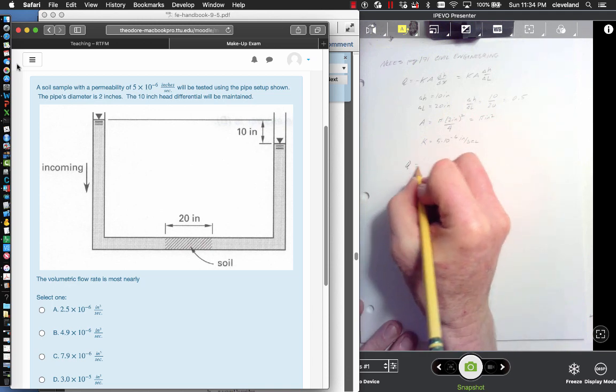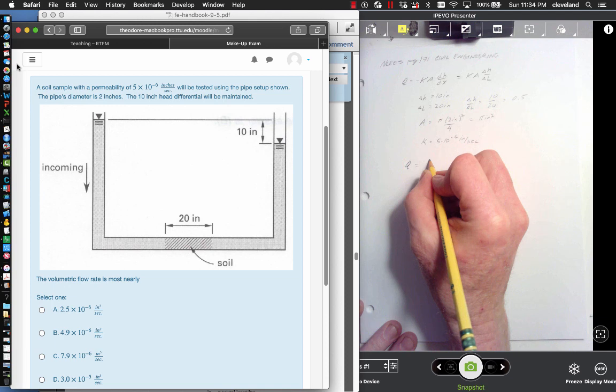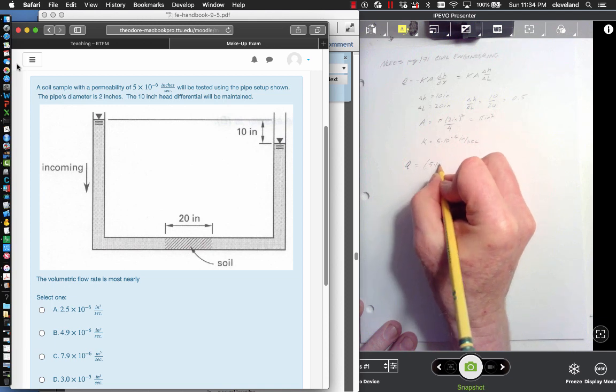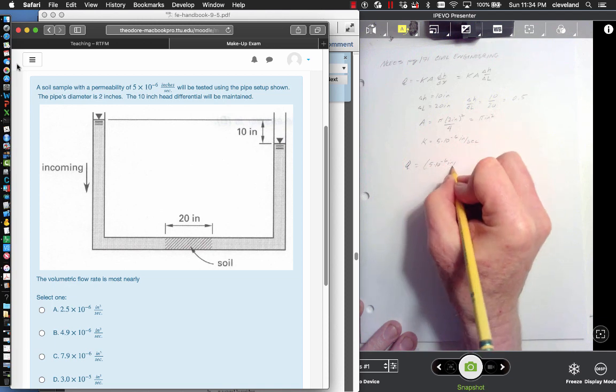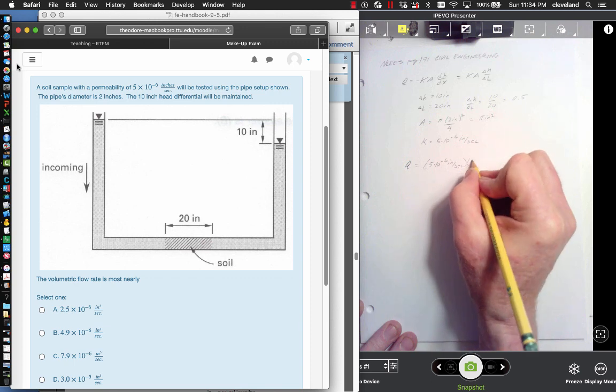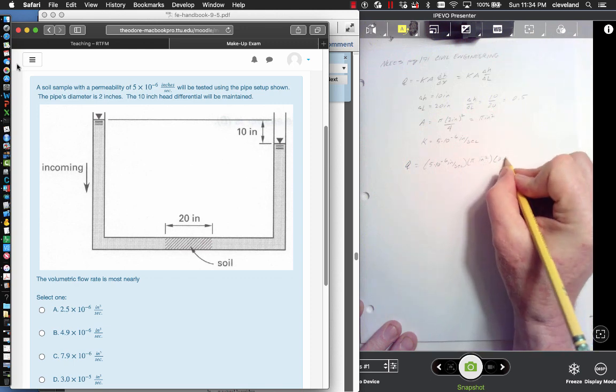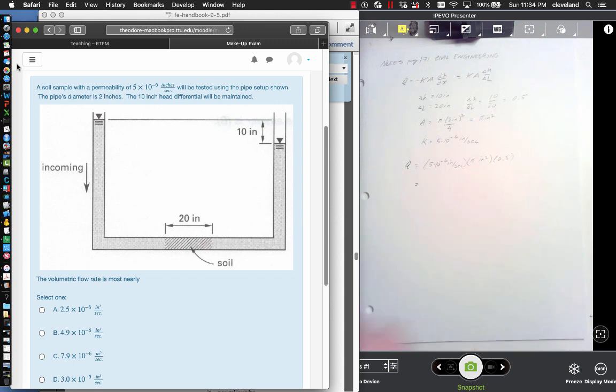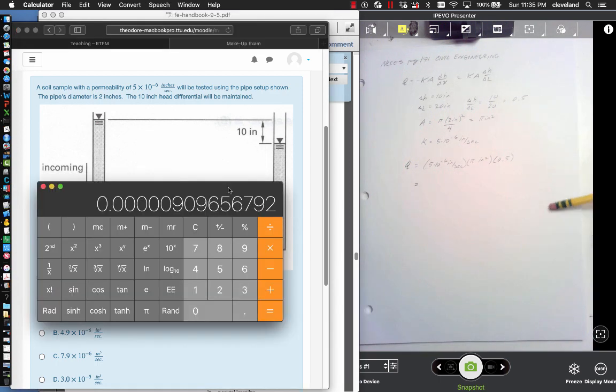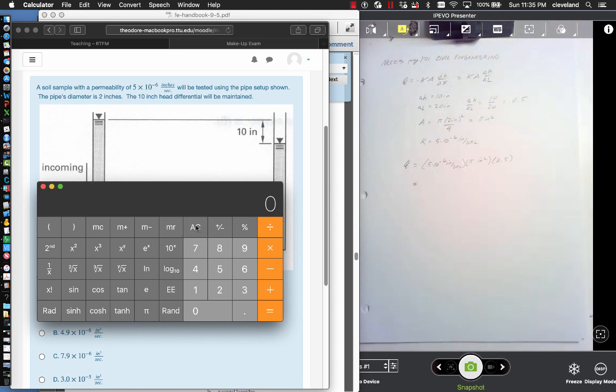So Q is equal to 5 times 10 to the minus 6 inches per second times pi inches squared times 0.5, which equals, calculator, clear everything.